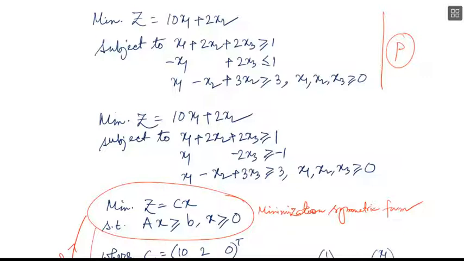So we have to introduce 5 more variables, and I'm sorry, in the primal problem it has been written as x2, it will be x3 indeed.